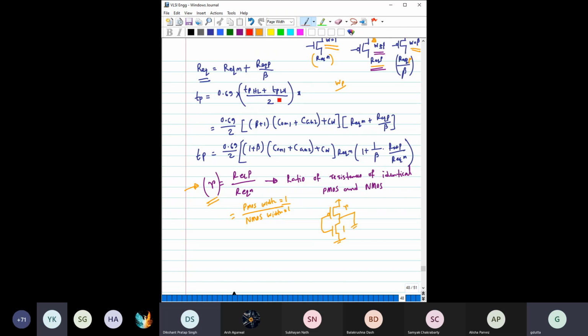Now you tell me what is the equivalent resistance of this? So we are changing the width, right? Okay, let me tell it. Suppose this resistance is equal to R. Then what would be the resistance of this?